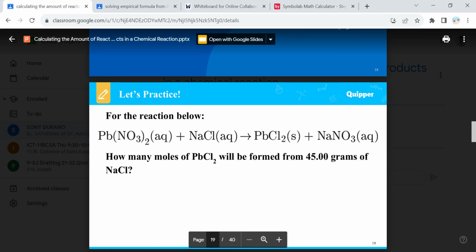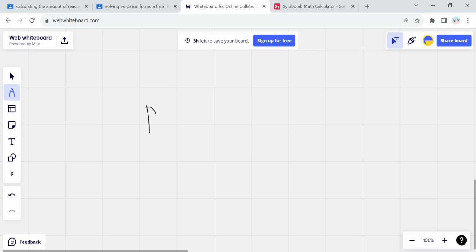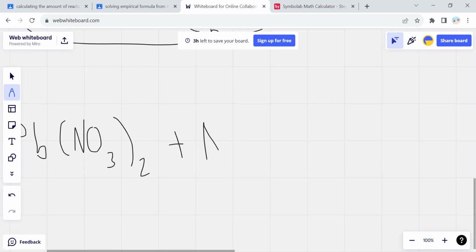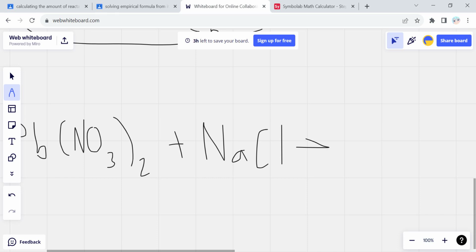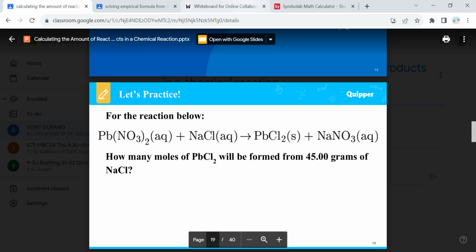I cannot copy and paste, so I'm just gonna write it. Pb(NO3)2. Again, if you already know the balanced equation for this, or you already know how to balance, you can just skip this part of the video and go straight to where I explain how to get the answer.